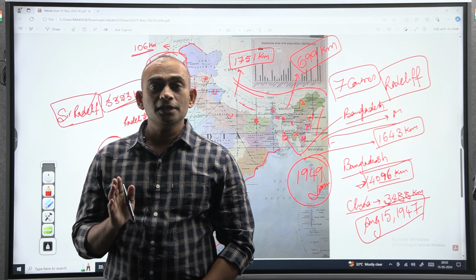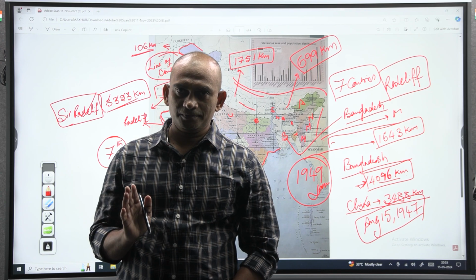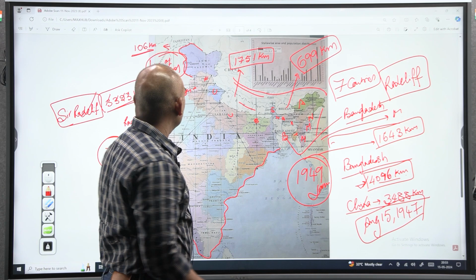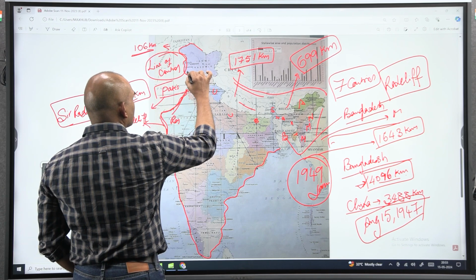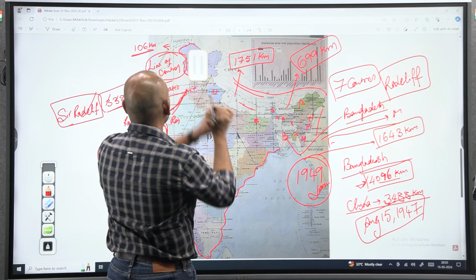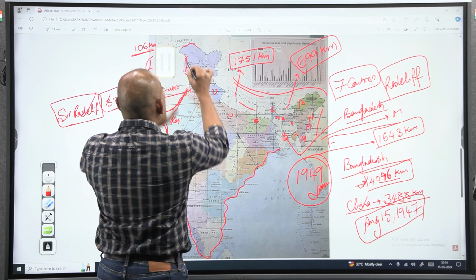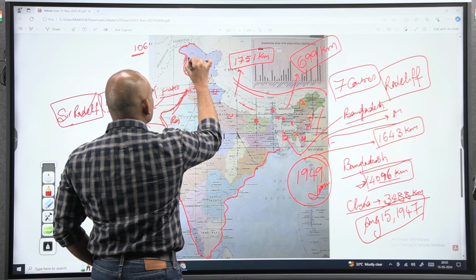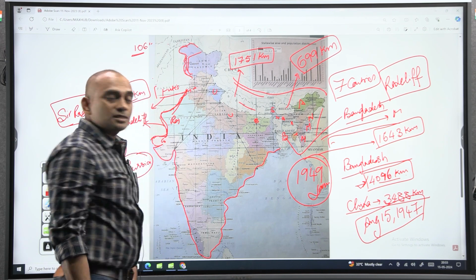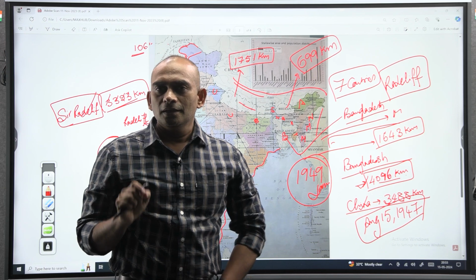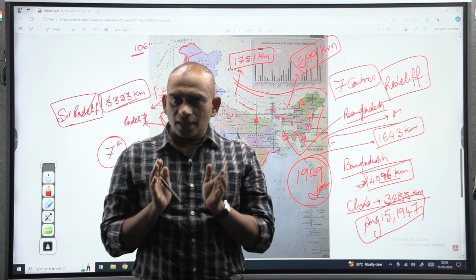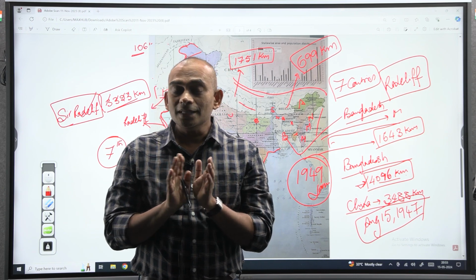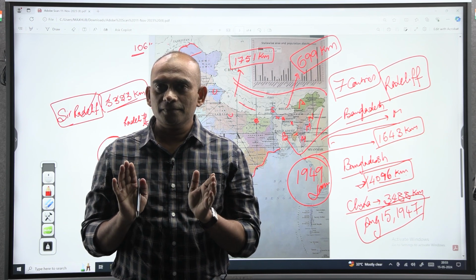That ceasefire line goes like this. This particular line was recognized as the line of control, but not in the year 1949.